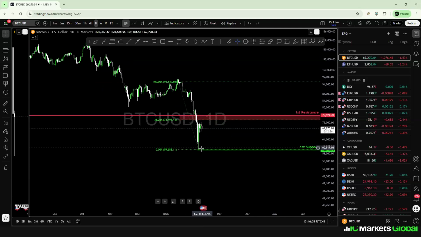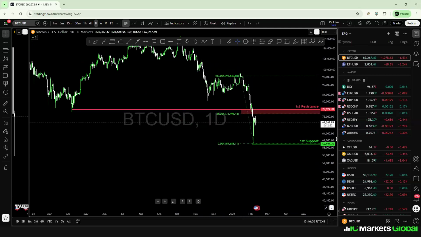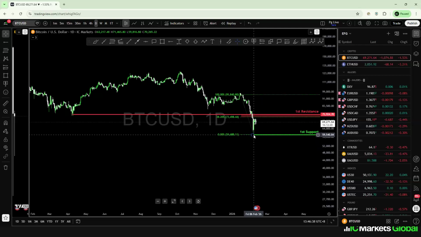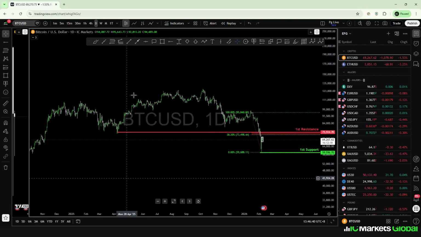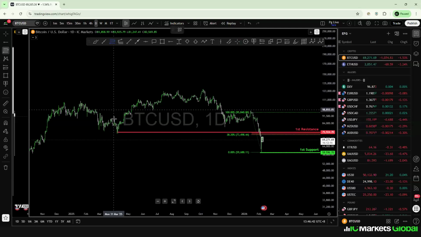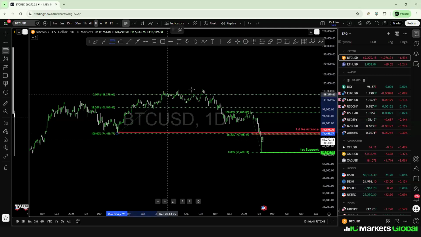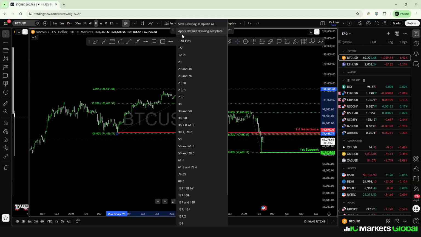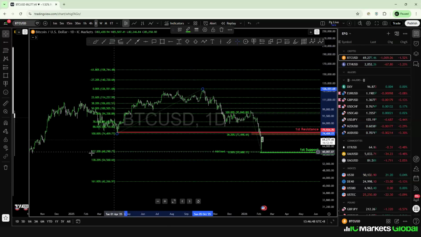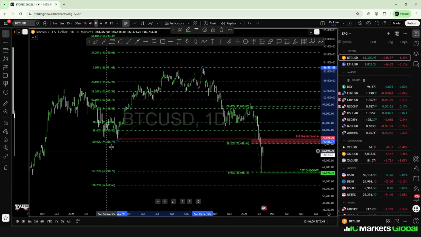So now what we need is to wait for price to pull back. Then after that, we can see if price breaks below this swing low at the next resistance level. If you go from this low to the swing high here, you can see that price bounced off from this extension 161.8 here.